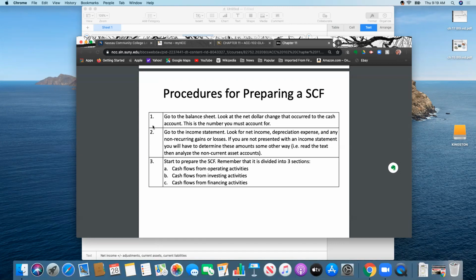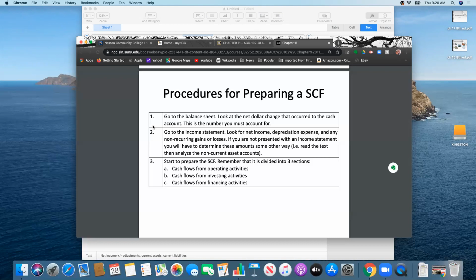Sounds a little kooky in the beginning, but once you've done it a couple of times, it's not bad. So we start out with net income. The next thing I look for is depreciation expense. Now, similar to depreciation expense is something called amortization expense. Intangible assets amortize, property, plant, and equipment depreciate, right? So depreciation and amortization are basically handled the same way.